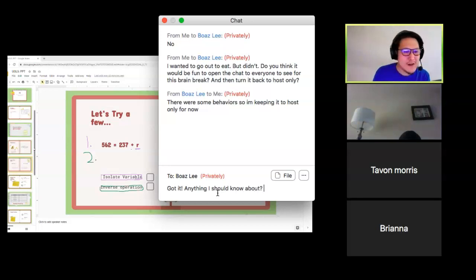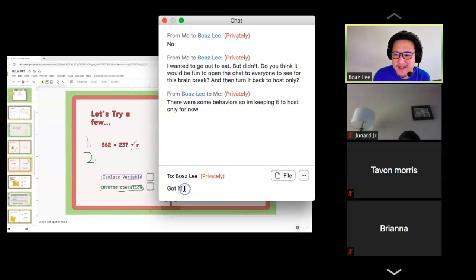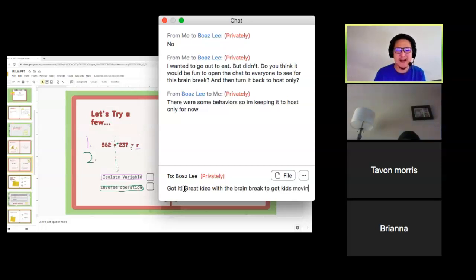So we're gonna take a look at our inverse operation. So we see an addition sign, and we see that this 237 is positive. So if I were to use the inverse operation or the opposite operation of addition, what would it be? Type it into the chat. What would it be?